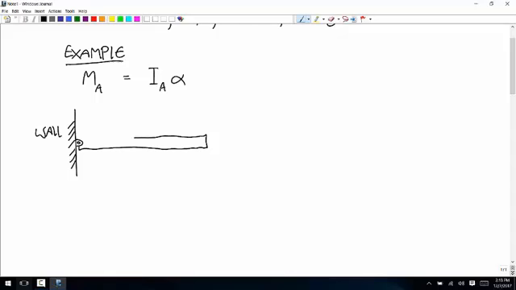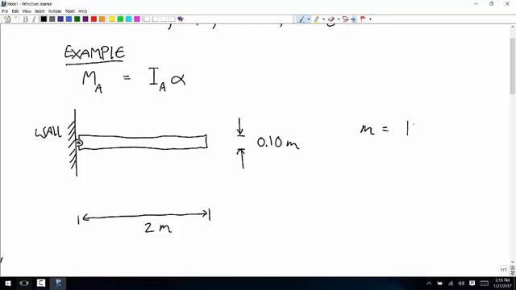and a rectangular shape like this with a thickness of 10 centimeters, so 0.10 meters. And a length of 2 meters. And say the mass of this rectangle is 10 kilograms.